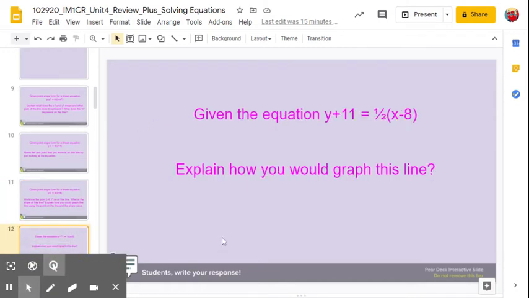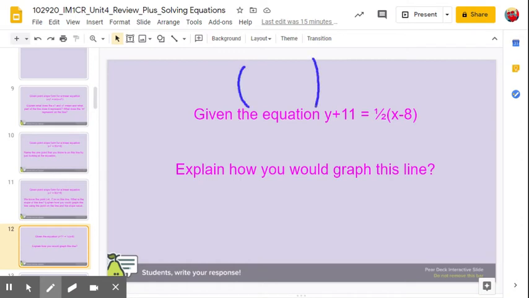All right. So now, given the equation y plus 11 equals 1/2 times x minus 8, explain how we graph this line. Well, first thing we do is we find the point that's on the line. So my x comma y, the one point I know I'm going to graph, is the x is going to be opposite of that, negative 8 is going to be positive 8.